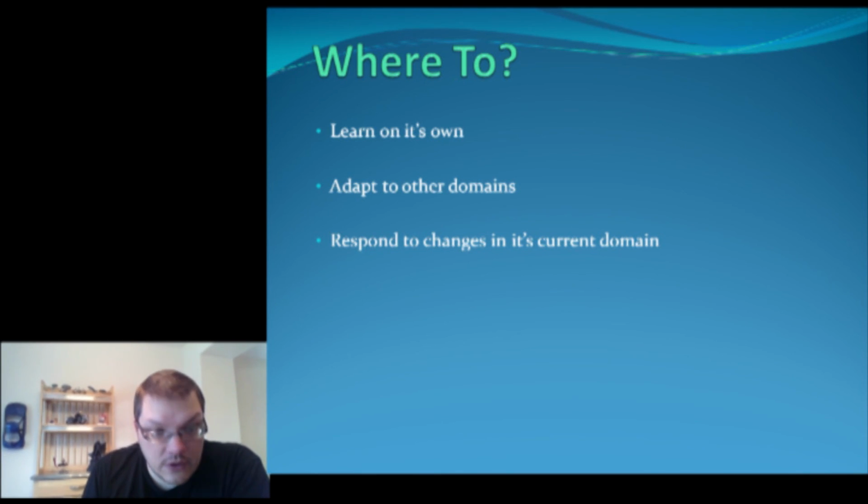Again, if it's learning on its own, it'll say, well, I haven't seen that situation before, those combination of values before, so I can now learn those combination of values and store them as a pattern in my brain. And I can say, next time I see them, I'll know what they are.